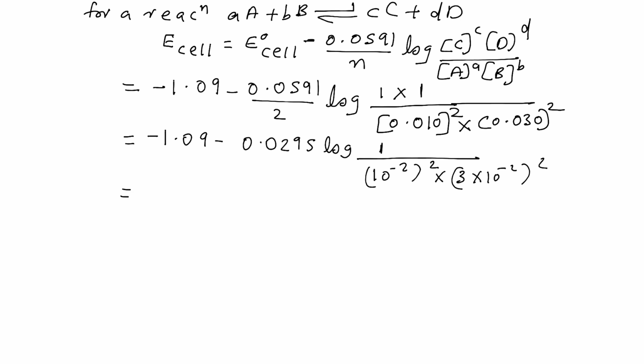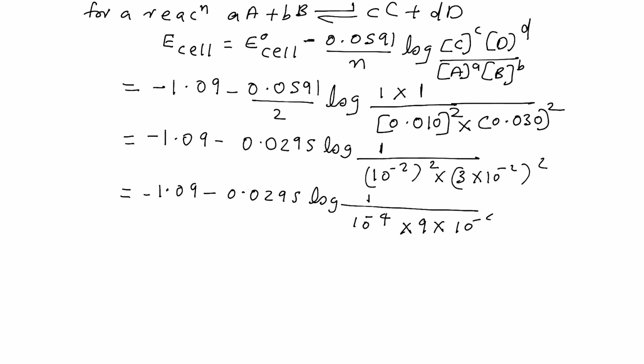Okay, so what you will get? Minus 1.09 minus 0.0295 log 1 by 10 raised to minus 4 into 9 into 10 raised to minus 4. Okay, right? Then minus 1.09 minus 0.0295 log, see, 10 raised to minus 4, 10 raised to minus 4 become 10 raised to minus 8. Take it to the numerator, it become 10 raised to 8 by 9, right?